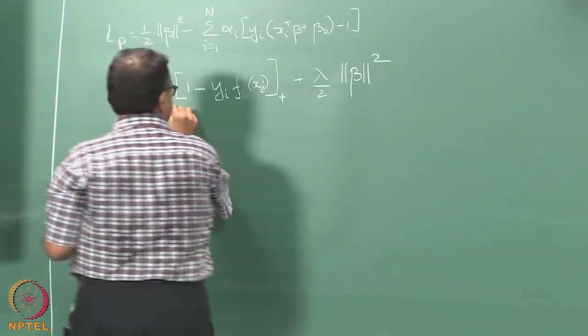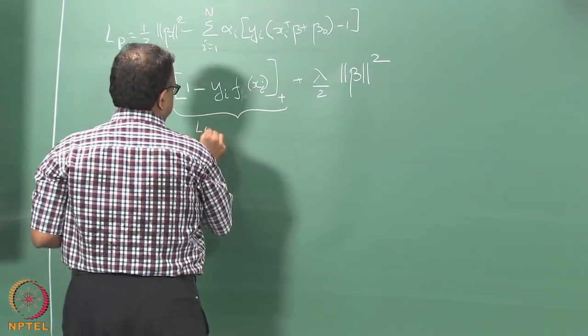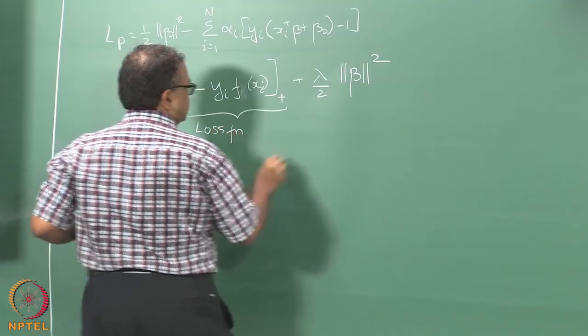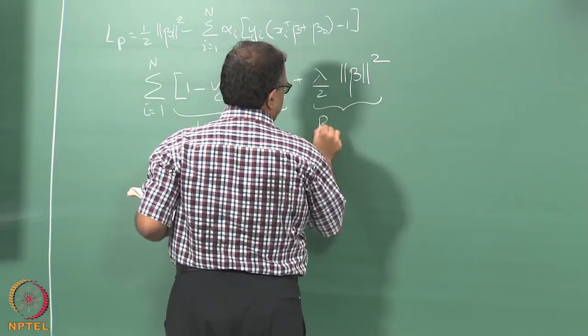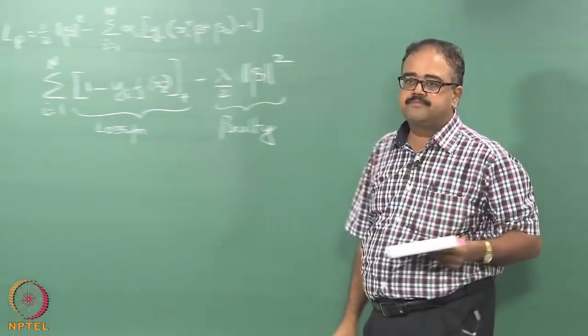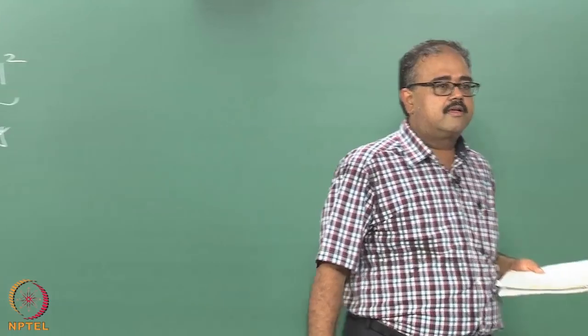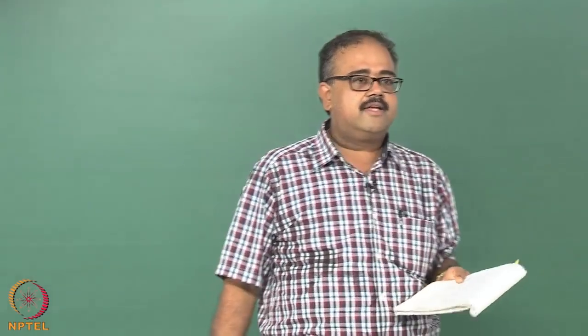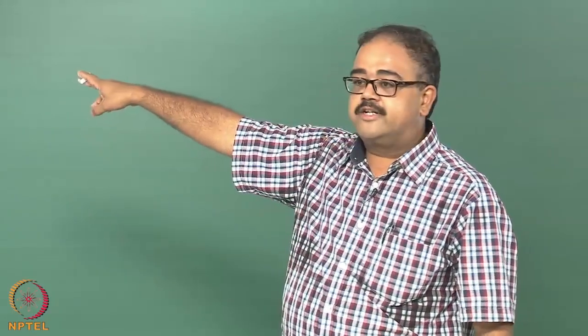So you have a loss function, and you have a penalty term. Doesn't it look like that? So far we have been talking about norm beta squared as being the objective function that you are trying to minimize, and the other thing as constraints, and then we wrote the Lagrangian, and then we got the constraints into the objective function.